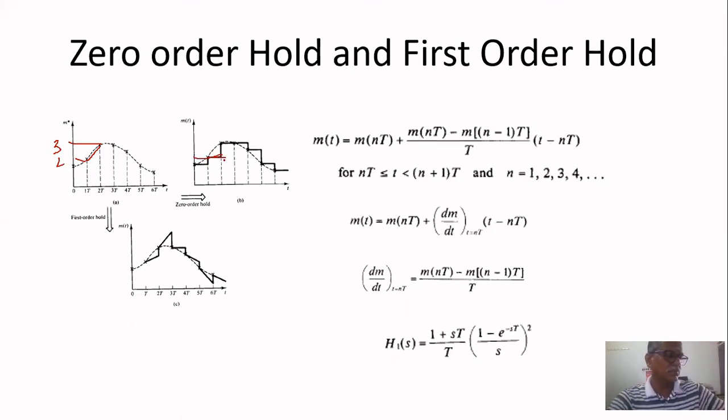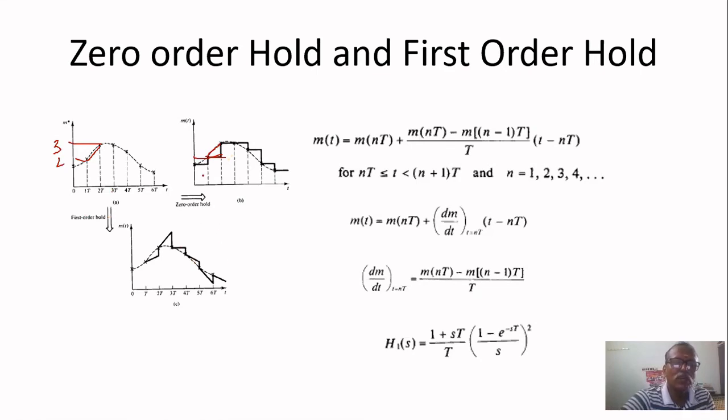Therefore, if you are able to draw the slope, then it will be a better approximation for a fast varying signal. That is tried in this first order hold.